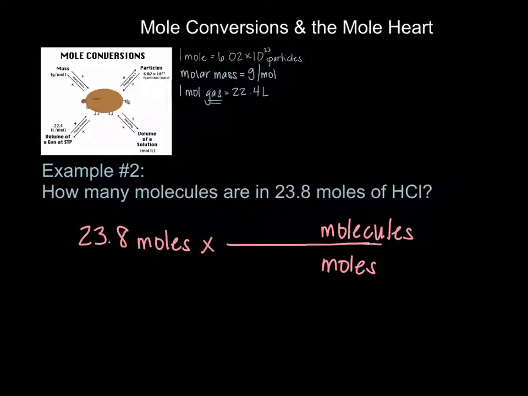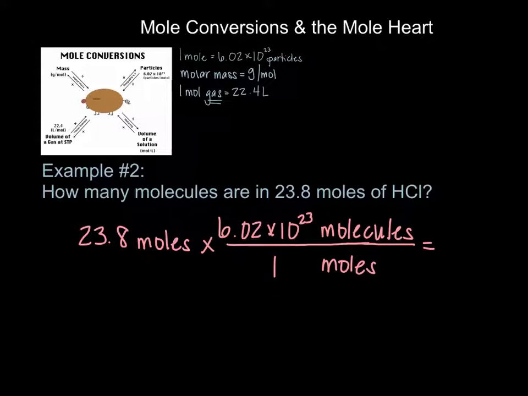So whenever I'm converting with moles, it's always going to be in terms of 1 mole. So 1 mole equals, and my conversion factor, I look back up here, and 1 mole equals 6.02 times 10 to the 23rd particles, which includes molecules. So if I have 1 mole, I have 6.02 times 10 to the 23rd molecules.